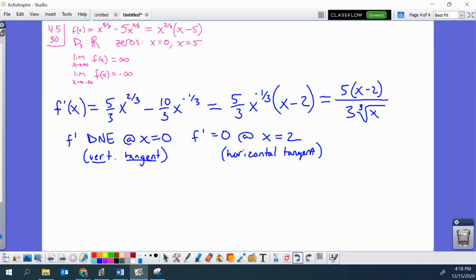Let's see what happens, though. I'll say possible cusp. But it's also possible, and we can tell if we look back at the original function, but we'll see it in the sign chart, to get a vertical tangent like that when you get a case like this where a first derivative does not exist. But let's look at the evidence in our sign chart for f prime.